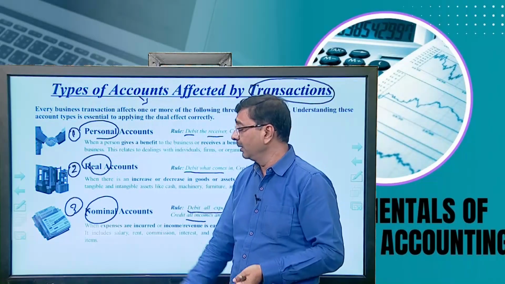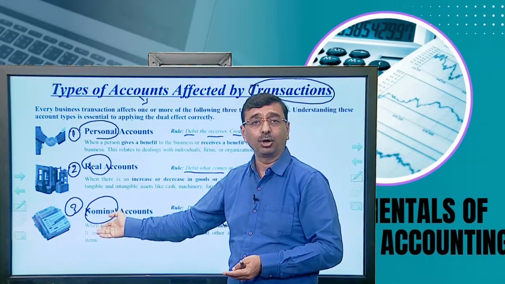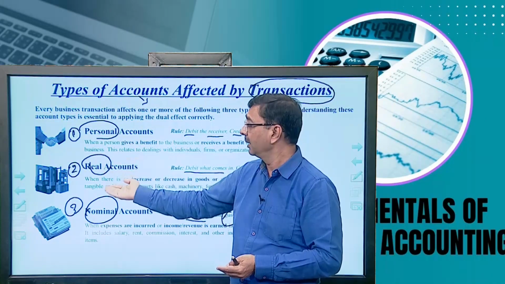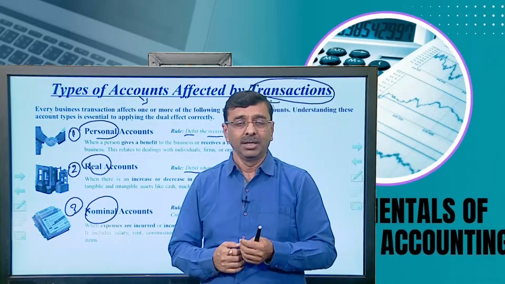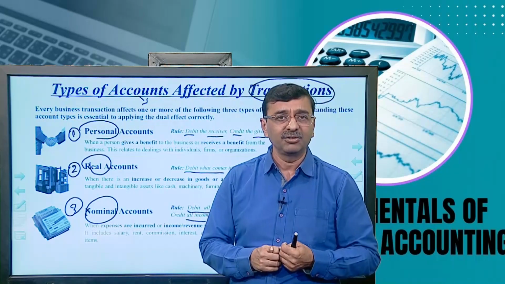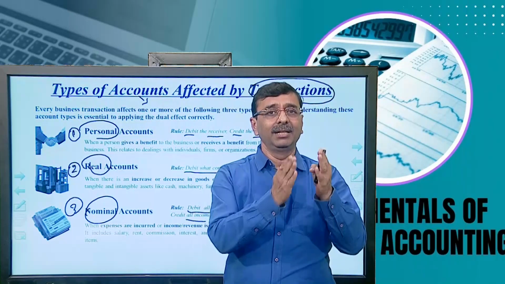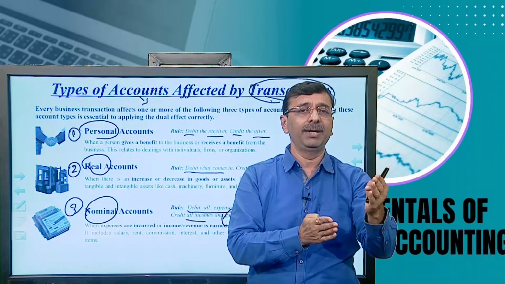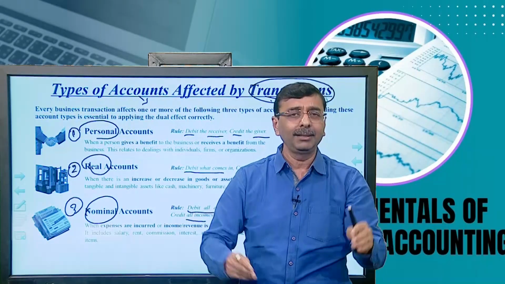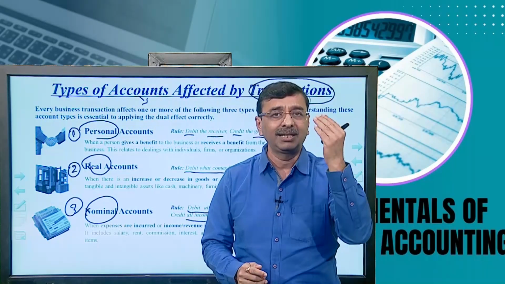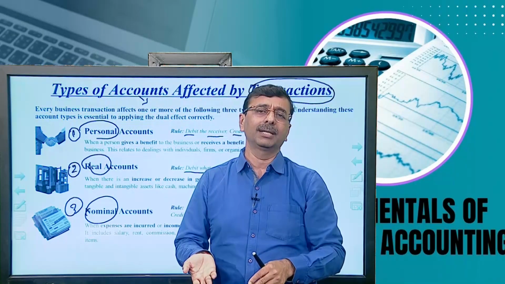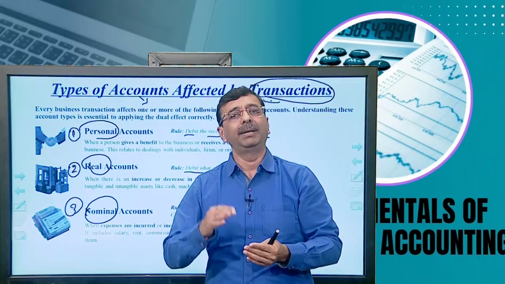It is possible that one transaction affects the nominal account and the remaining part may affect a personal or real account. So we need to identify the transaction, post-mortem it, and divide it this way. After we find out the types of accounts of the transaction, we apply the rules and regulations, and then we find out the debit and credit.